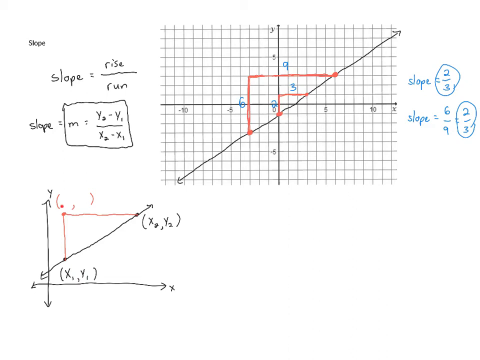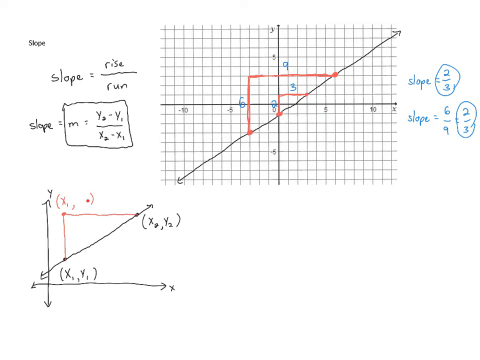Now, I want to look at the x coordinate here. The x coordinate is how far along the x-axis we move to get to this point. But I want you to notice it's the same as the x coordinate of this point, because both of these points are at the same place on the x-axis. Because this coordinate was x1, this is also going to have an x coordinate of x1.